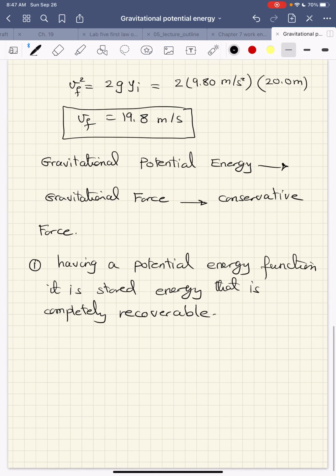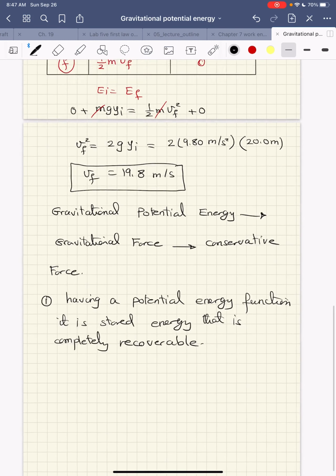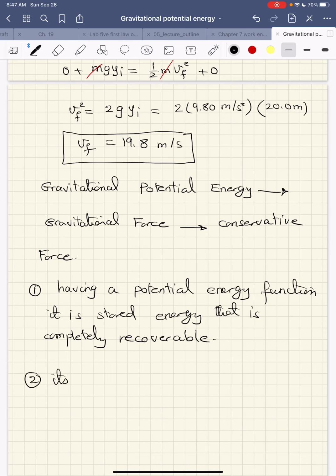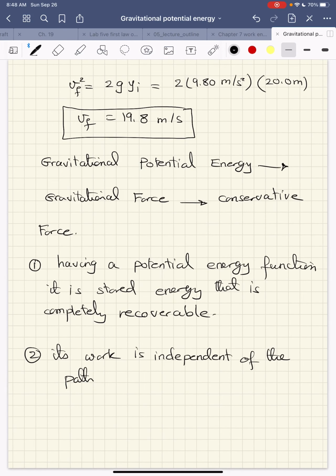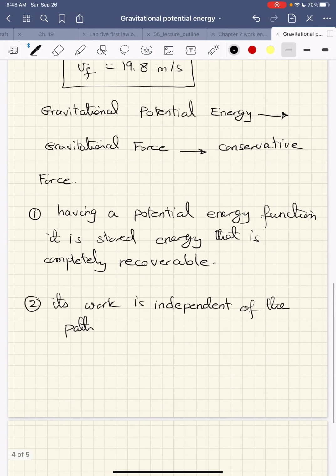We want these forces. These are good. Now, also for a conservative force, its work is independent of the path, which means it depends only on initial and final.